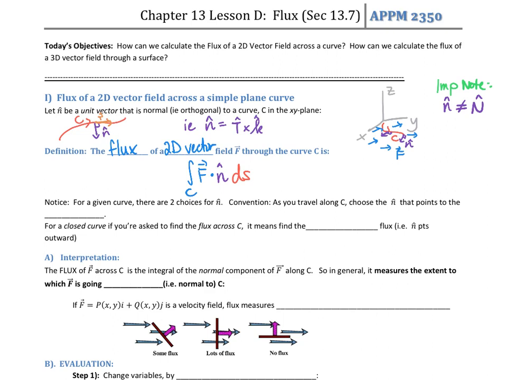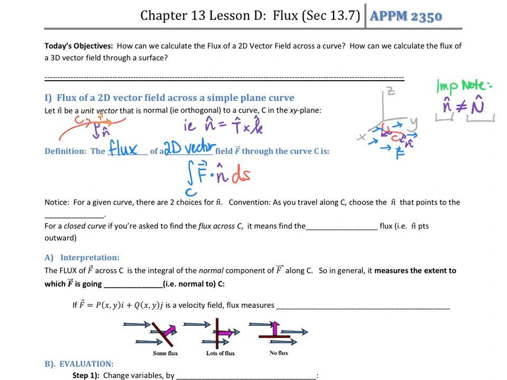It was always pointing in the direction that you were turning, or like towards the inside of a curve. And that's different than this little n hat here. So just a side note, that's something that can be confusing for students in this class: we're not talking about the capital N from the T and B frame. We're defining a new little n that will always point to the right of your curve as you're moving along it, and that's going to help us define what we mean by positive versus negative flux.